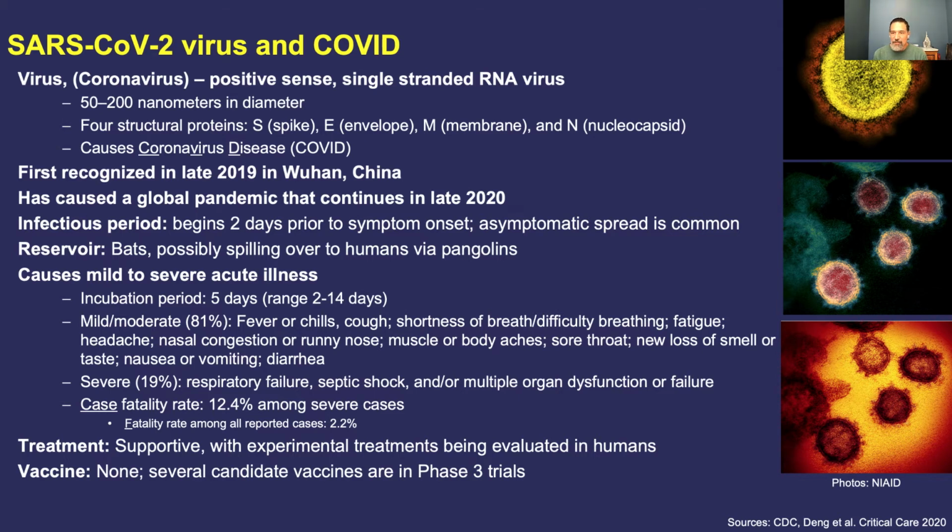And the case fatality rate in those with severe illness was estimated to be about 12.4%. Treatment for COVID is supportive, with experimental treatments being evaluated in humans as we speak. And also, there is no vaccine as yet, but several candidate vaccines are currently in phase 3 clinical trials.